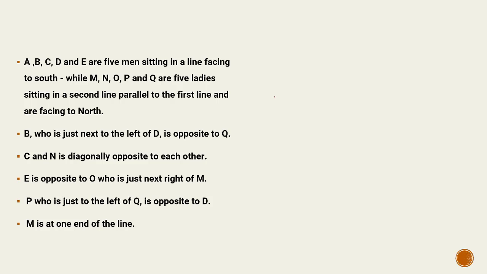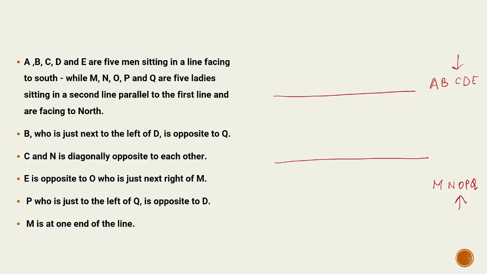So let's have 2 rows here, and we have M, N, O, P, Q in row 2 facing north, whereas A, B, C, D, E are 5 men in row 1 facing south, and there would be 5 people in each row, each one facing a person from the other row.